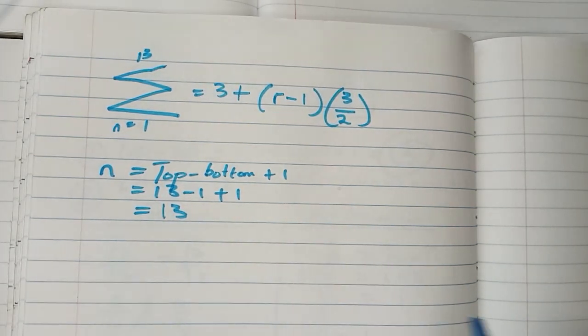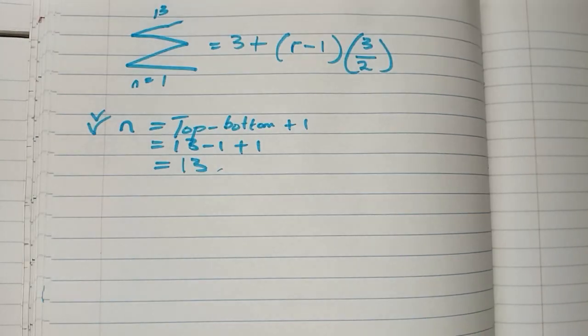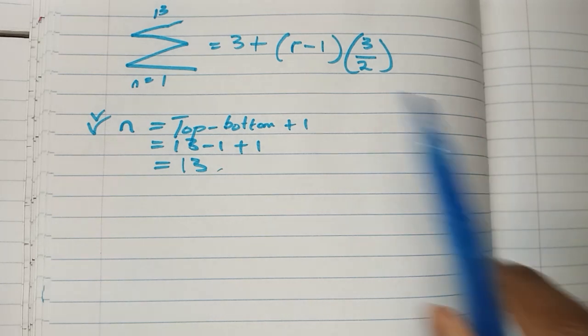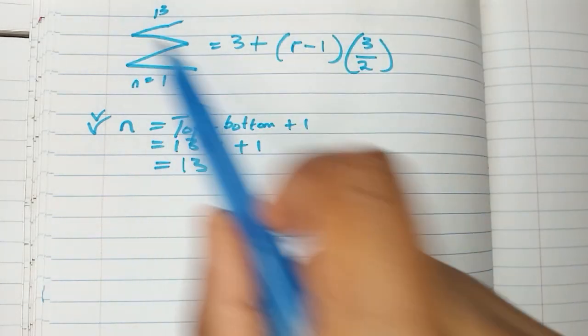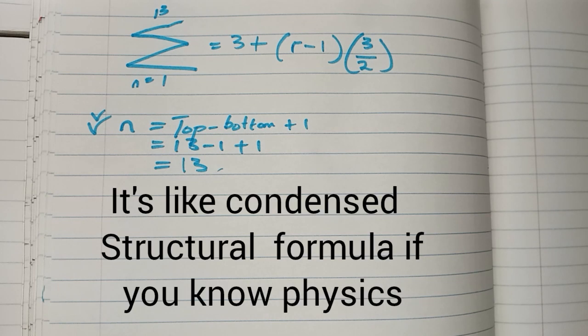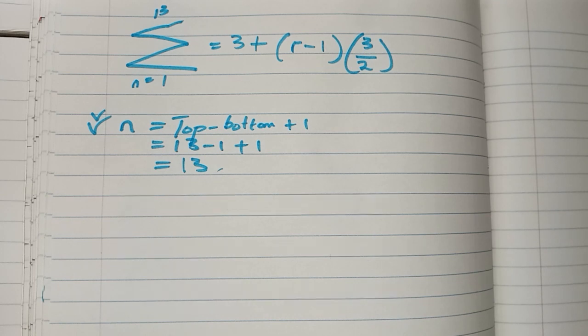So the number of terms that we have in this series is 13. All right, now for step number 2, we are going to expand this whole sigma notation, because sigma notation is a fancy way of writing the series. We are going to simplify it by expanding it and turning it into real terms.